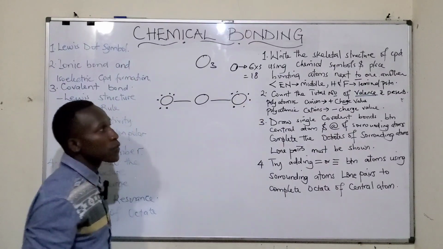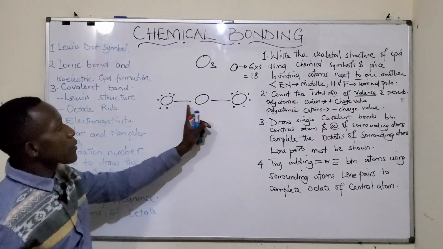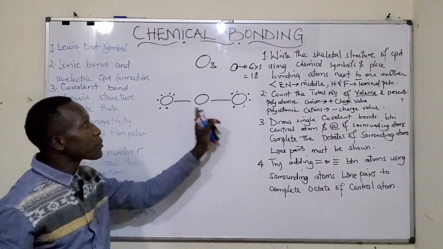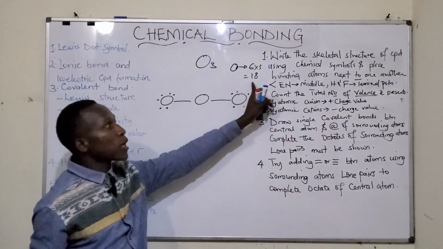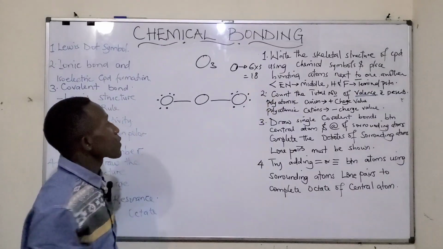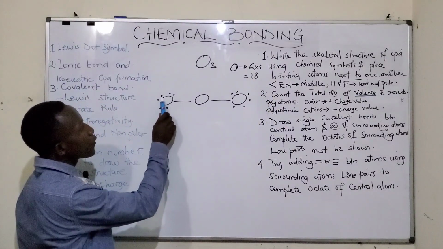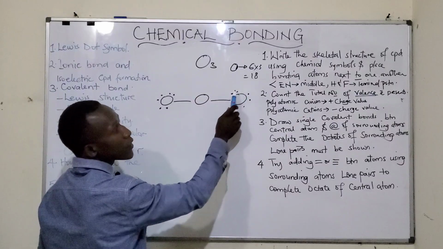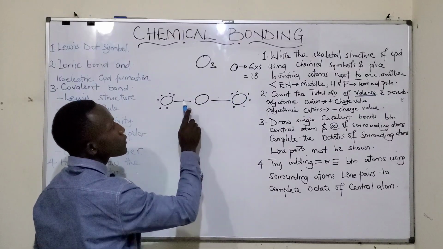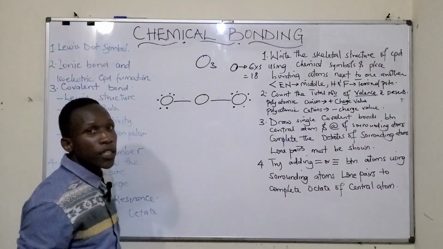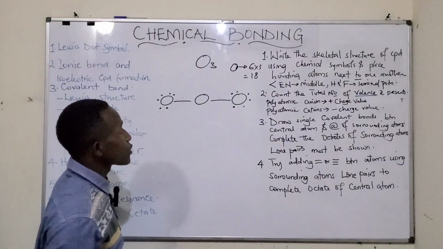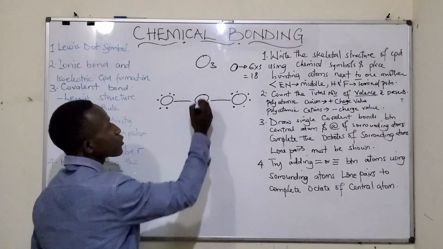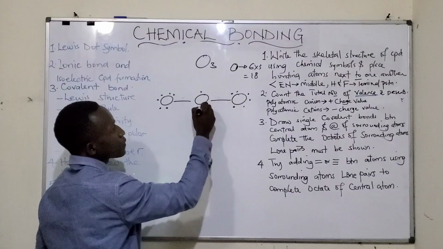After completing the octets of the surrounding atoms, we see, are we having the same number of electrons as we counted here? You're having 1, 2, 3, 4, 5, 6, 7, 8, 9, 10, 11, 12, 13, 14, 15, 16. Instead of 18, you're having 16. So the remaining 2 are added to the central atom.